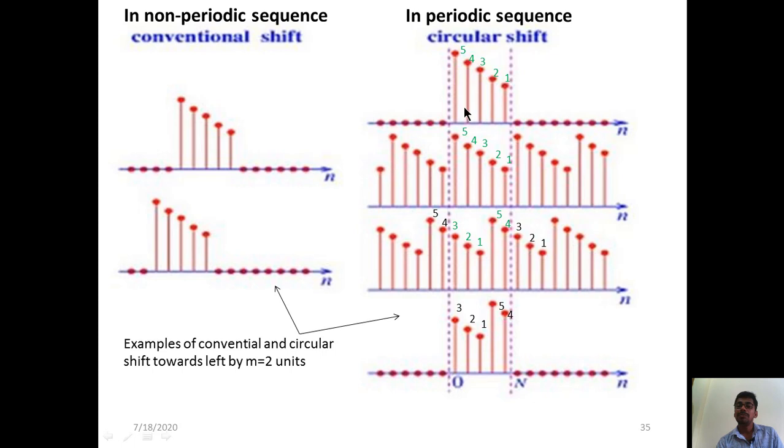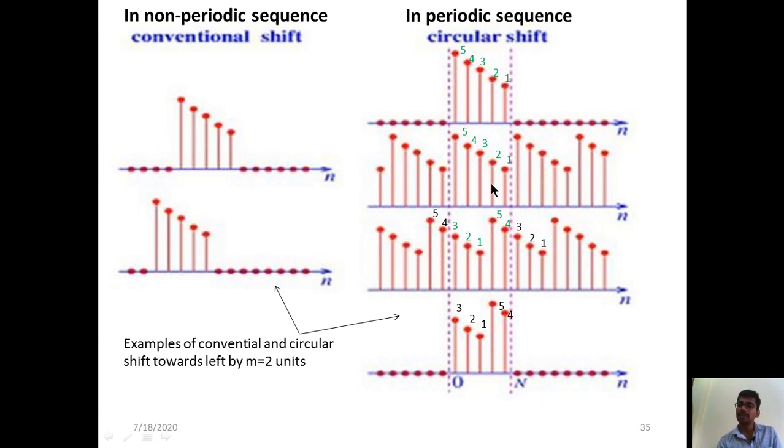And if that sequence is periodic, then the shift will not be the same as this. It will be different. To see how it will look, I will first periodically repeat that sequence and produce this graph after periodic repetition.